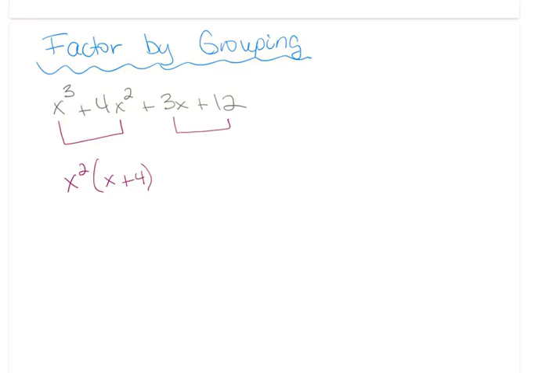Everybody good with the x plus 4? So now we're going to do the same thing with these two guys. What do they have in common? A 3. And if I factor out the 3, I'm left with x plus 4.